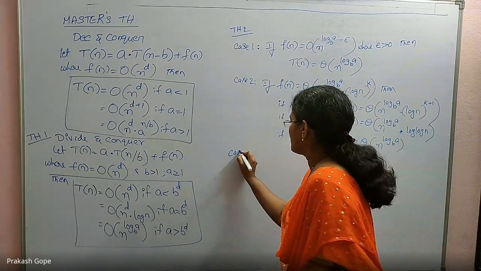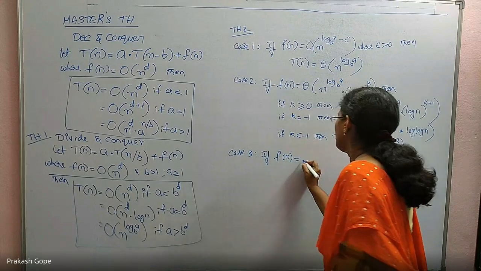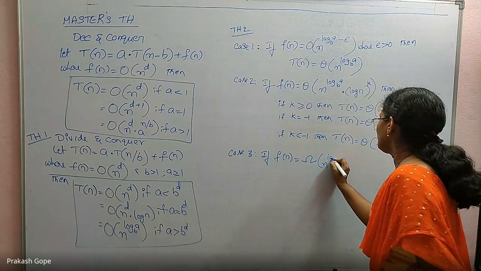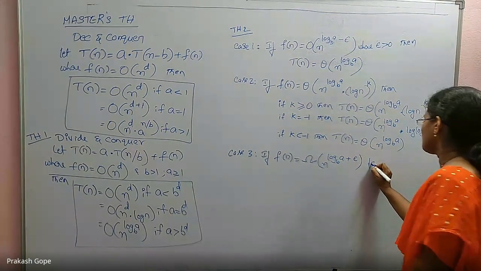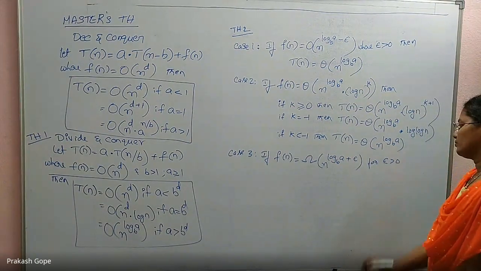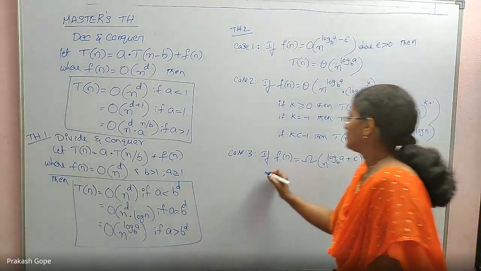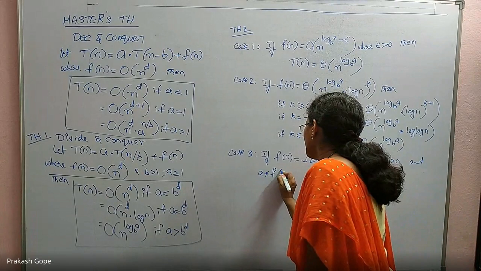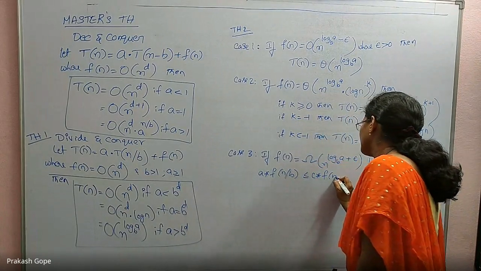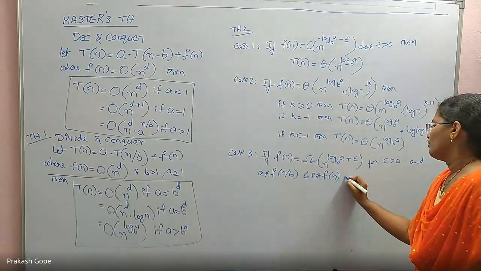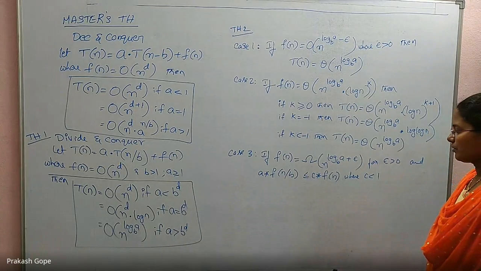Then case 3. This is the last case. If f of n is big omega of n power log a to the base b plus epsilon for some small epsilon greater than 0, and there is one more condition: a into f of n by b is less than or equal to some c into f of n, where c is less than 1, a fraction.